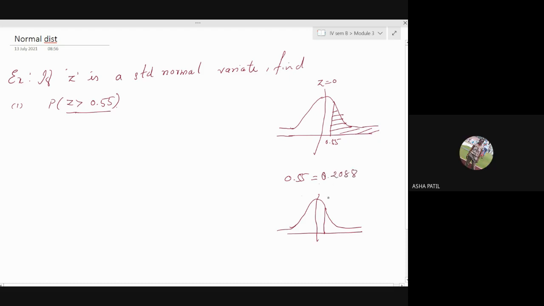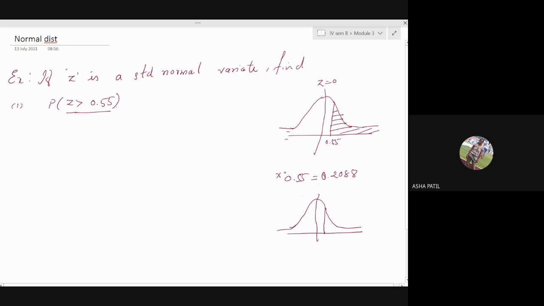Okay. Particularly you have to go for 0.5 here, and again here there are 0, 1, 2, 3 mentioned. You have 1, 2, 3, 4, 5, and below 5 you check this value. Here 0.5 and here 5. These are the second decimal values given to you. Okay. Now we are telling it is 0.2088.